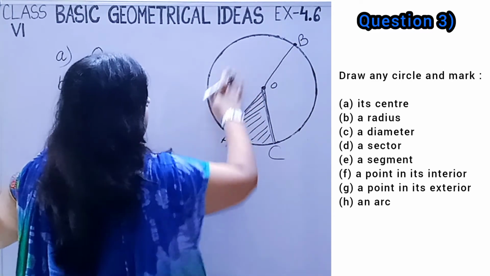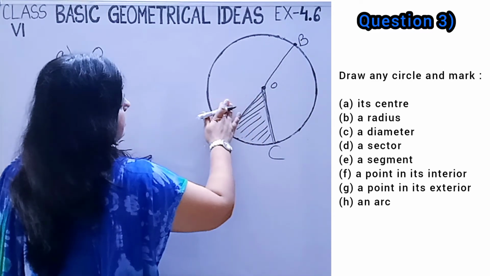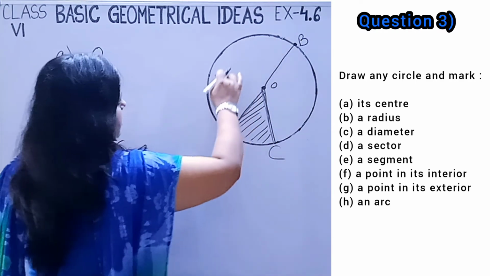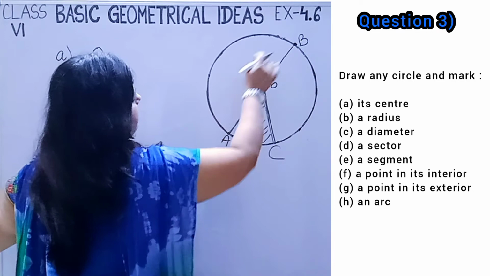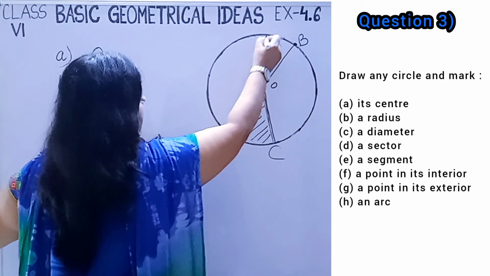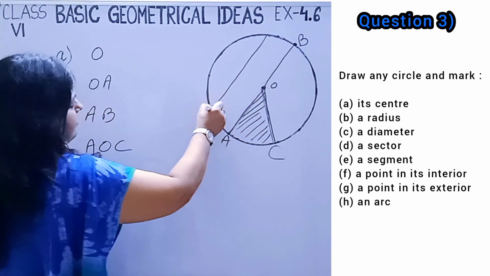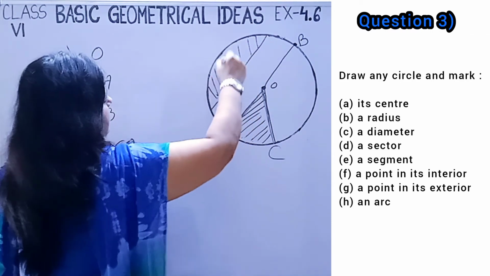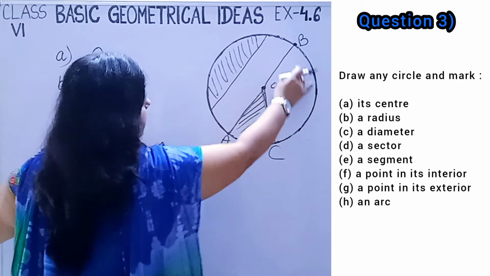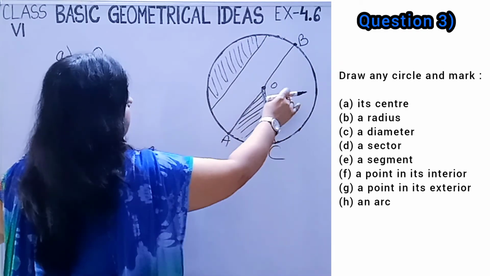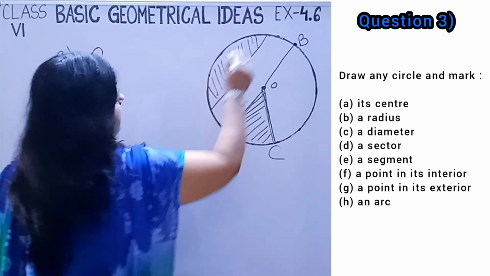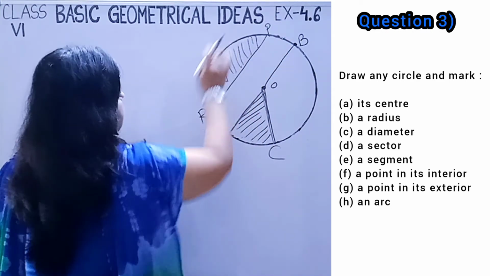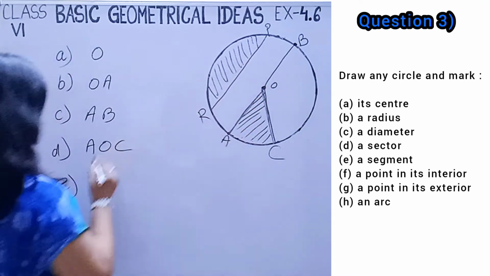This entire part is a segment and this part is also a segment. It means there is an arc and we have to draw one line. If I want a small segment, then this is my segment. But the entire part is also a segment. So here I am giving the name PR. PR is a segment of this circle.